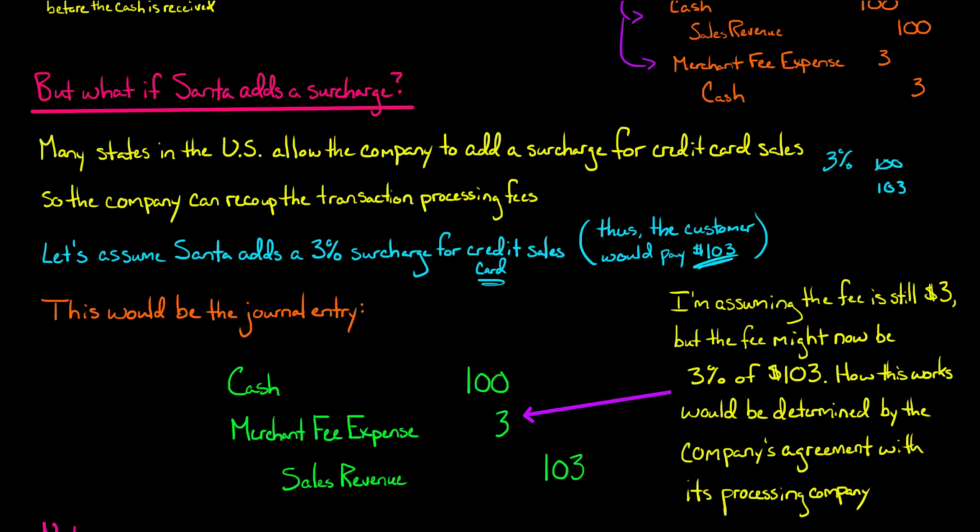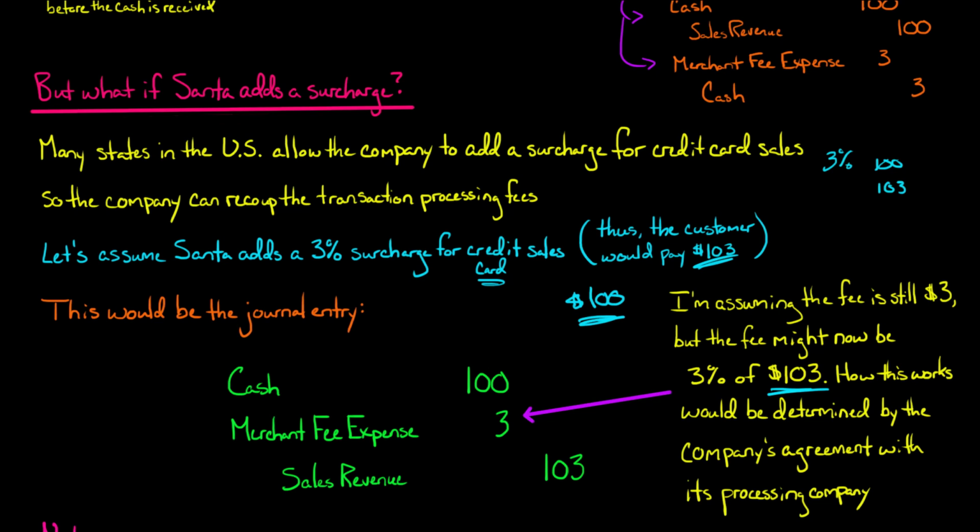Let's just assume here that Santa has the agreement where the 3% will come off of the actual price of the video chat, the $100, and that it's not 3% of the $103 that the customer's paying, because that could be the case. But to keep things simple, let's just say it's still 3% of the original $100 price. So Santa's going to have merchant fee expense or credit card expense of $3.